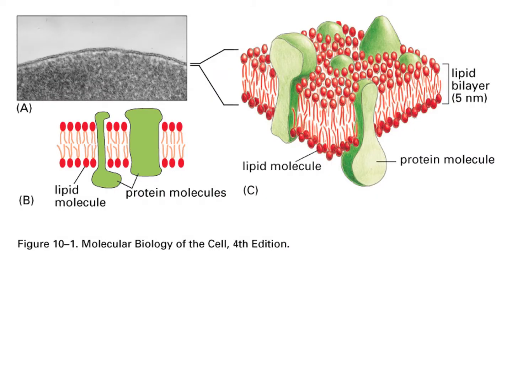And how do they know this is a structure? Well, they've actually done transmission electron microscopy and actually seen these structures here, and they know the size of them. They can see the lipids, the protein molecules here, and the association of proteins and lipids together.